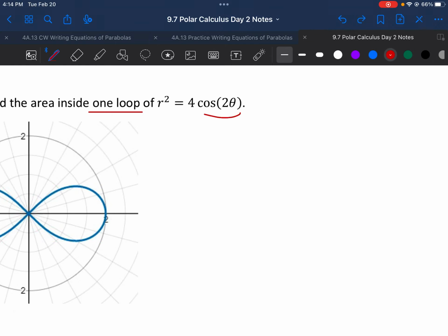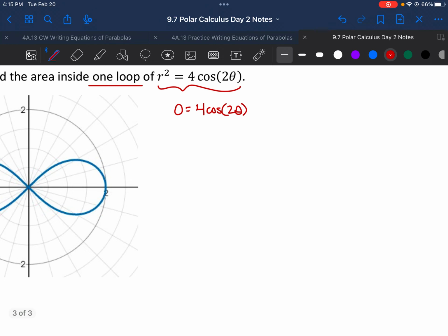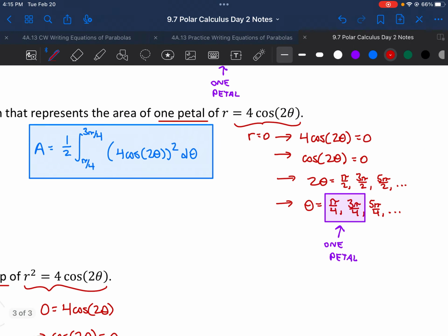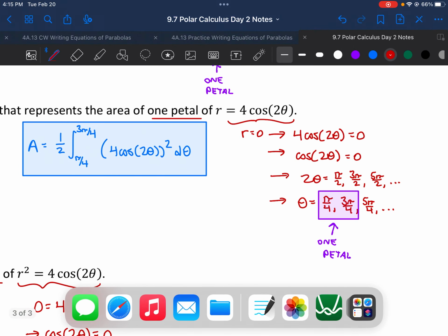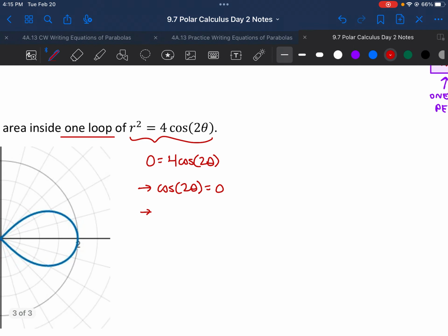So I want to know when will 4 cosine of 2 theta equal 0? This means when will cosine of 2 theta equal 0? We pretty much just did this a moment ago, right? Cosine of 2 theta equals 0 at pi over 4, 3 pi over 4, so on and so forth.